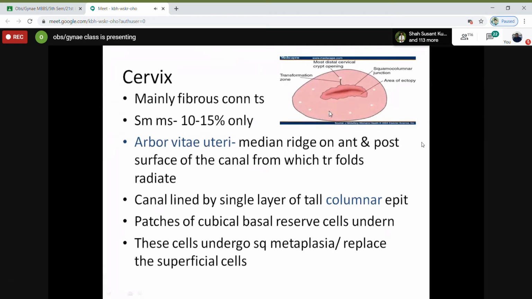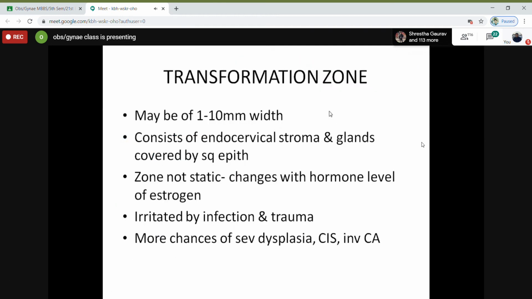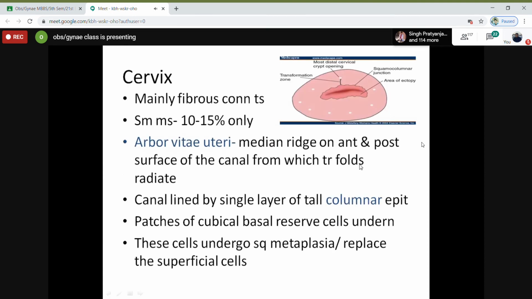So this is what we are seeing outside. It consists of endocervical stroma and glands. It is covered by squamous epithelium. The zone is not static. It changes with hormone levels of estrogen, and it is irritated by infection and trauma, and there are more chances of severe dysplasia, carcinoma in situ, and invasive cancers in this zone, because the cells are constantly changing.